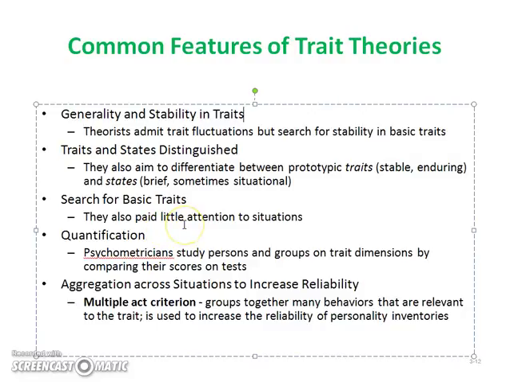So they paid attention to the traits within the people more than what circumstances might be eliciting those behaviors. And they also sought to collect data across situations to increase reliability in measuring traits. They tried to find stability because they believed that traits were stable. So their research techniques to validate these theories did look across situations to try to collect data and prove that certain traits do exist across them.